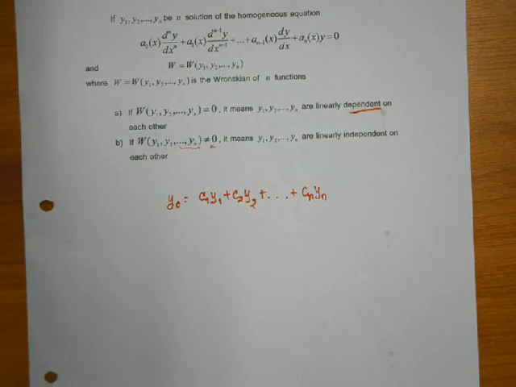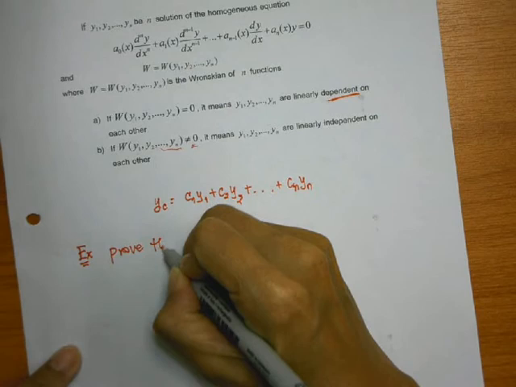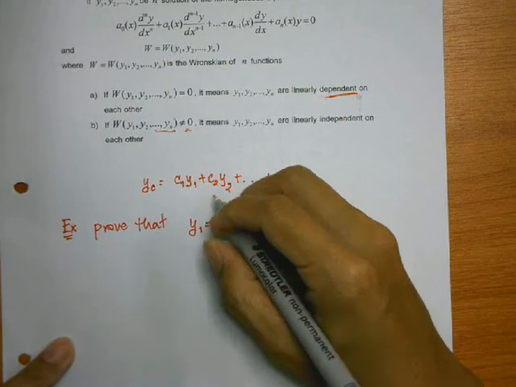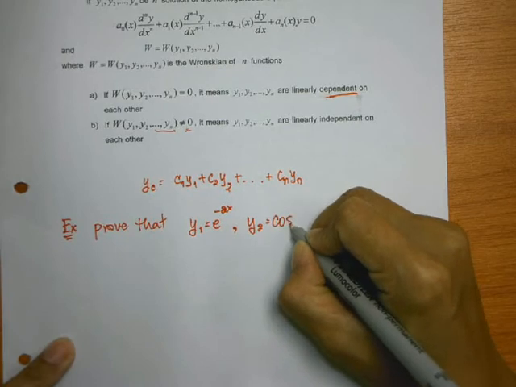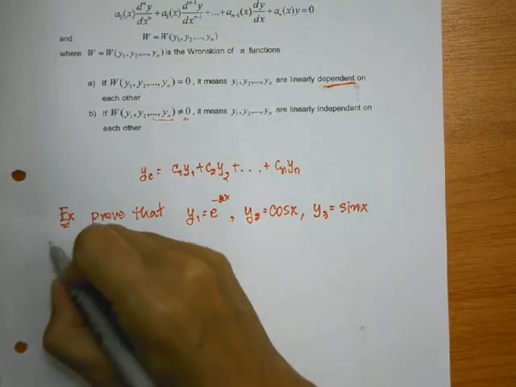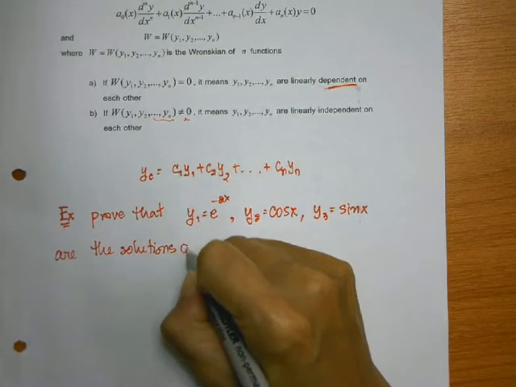For example, if they already give the solution for you, like: prove that y1 equals exponential of minus 2x, y2 equals cos x, and y3 equals sin x are the solutions of this differential equation.